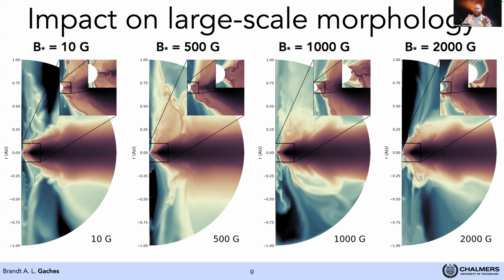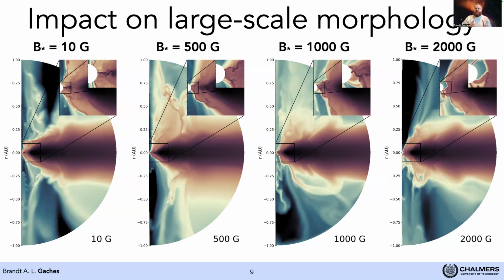And you can see that between the different ones, there are fairly significant large-scale differences, particularly in the outflows, where you have a fairly collimated outflow for the 10 Gauss, versus when you go to 2000 Gauss, not only do you see a one-sided outflow, but you see a more open wind on that top hemisphere.